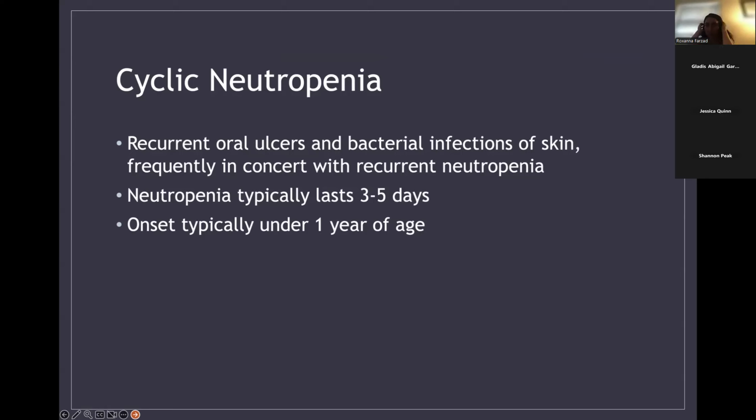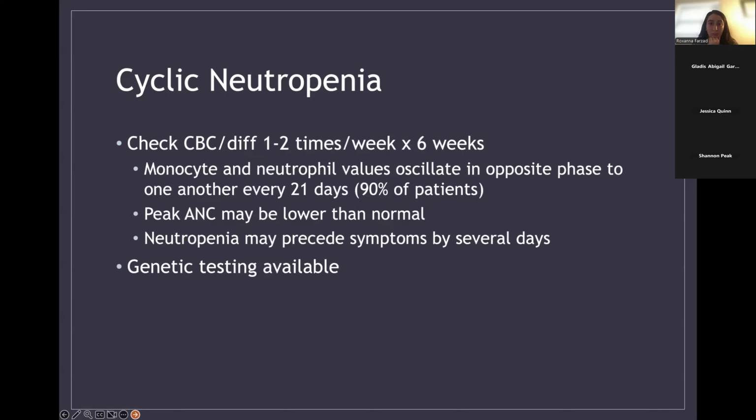So again, if you just do a CBC when they're febrile, you may miss the neutropenia. It's a tough thing for parents to have to go through because it's blood draws multiple times a week for many weeks in a row to try to tease out this diagnosis.